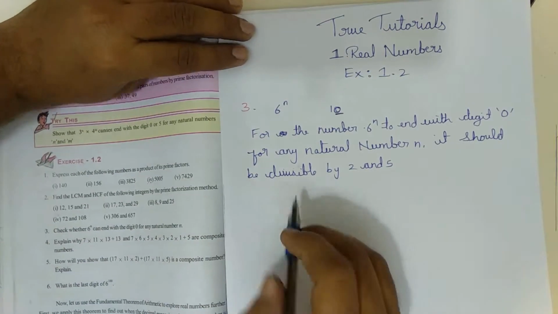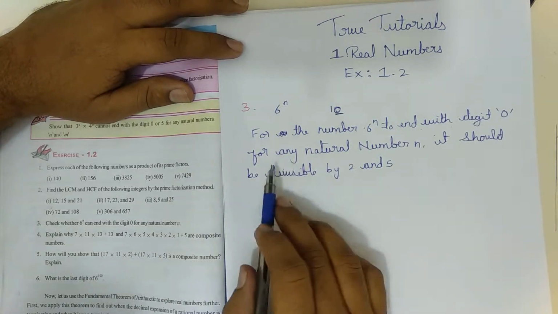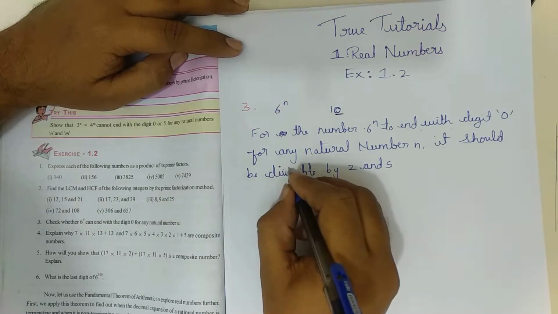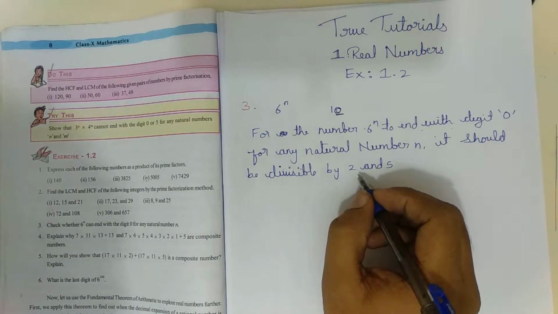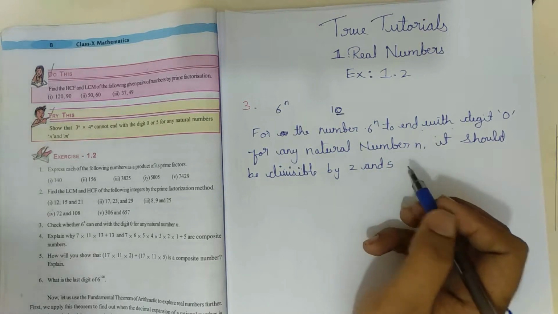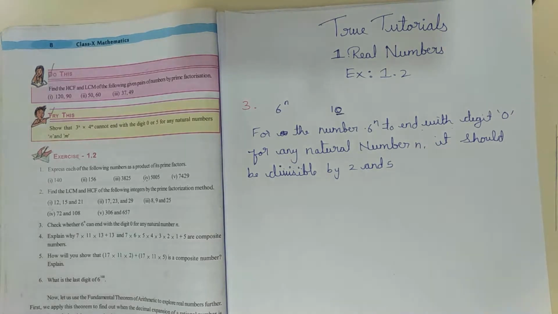That means the number which is given to you should have 2 and 5 as its factors. When it is divisible, it should have 2 and 5 as a factor.